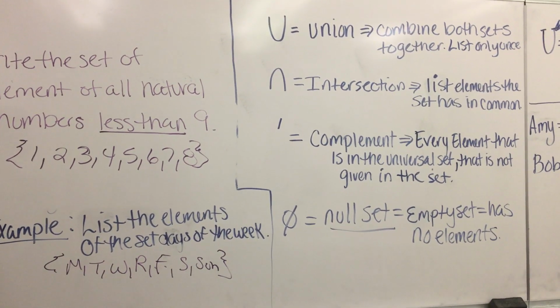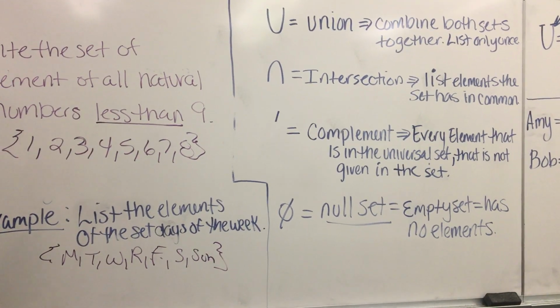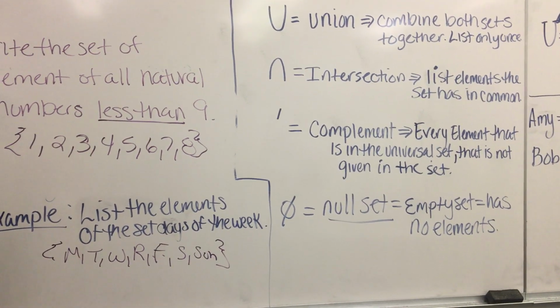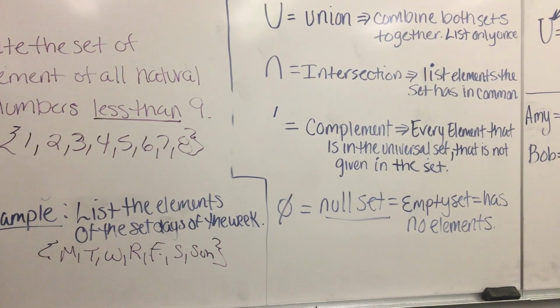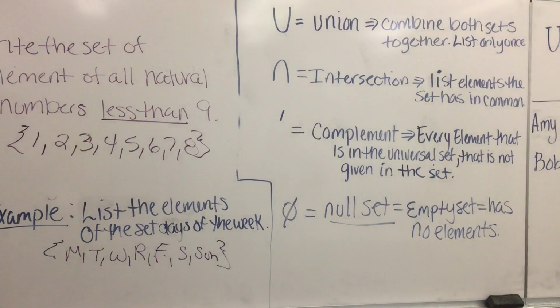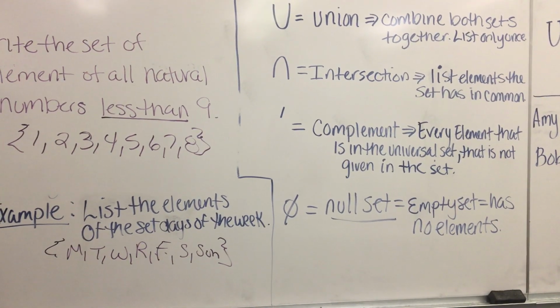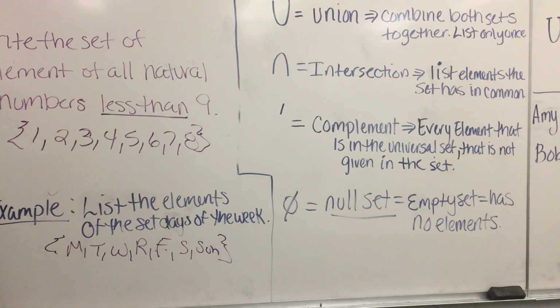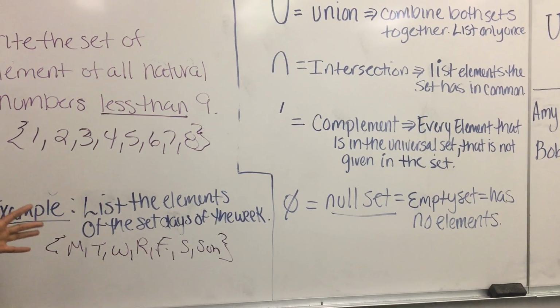The complement is every element in the universal set, which is the big set of all of the elements, that is not in the given set. And we'll go through that. The complement is denoted by an asterisk mark. The 0 with a line through it is considered to be the null set, or some people call it an empty set. An empty set is just what it means. It has no elements whatsoever.